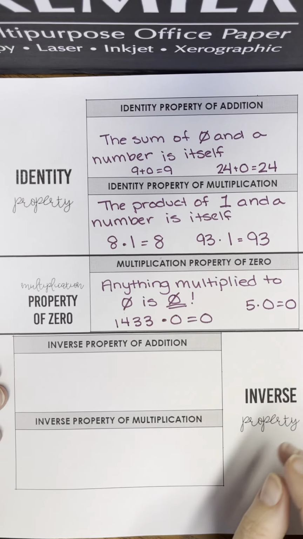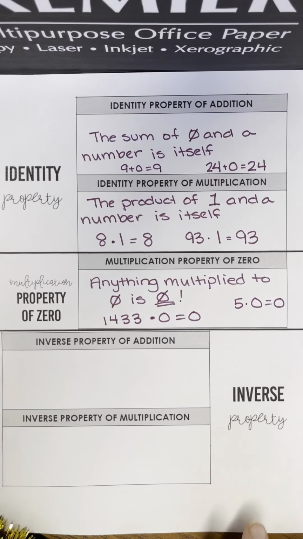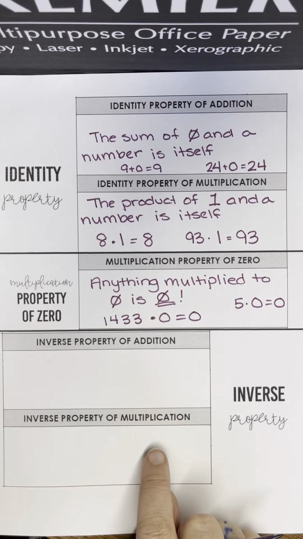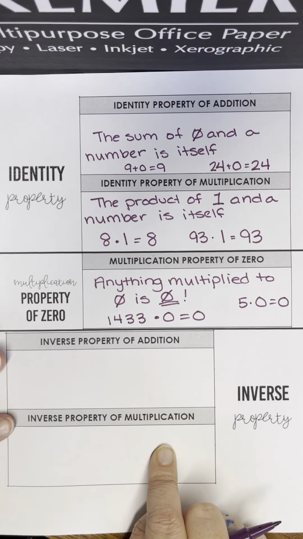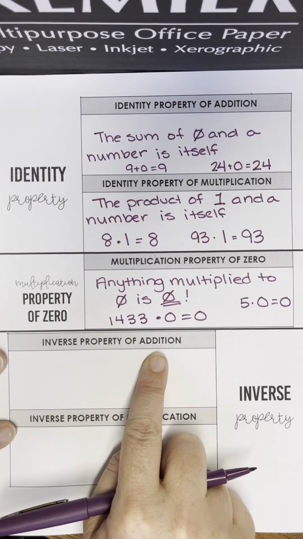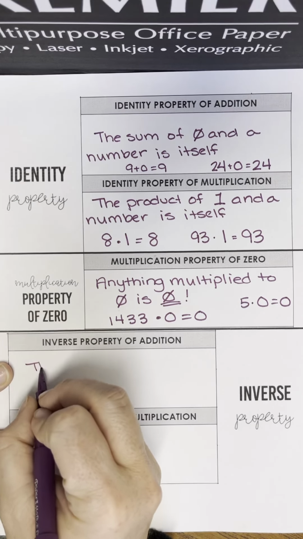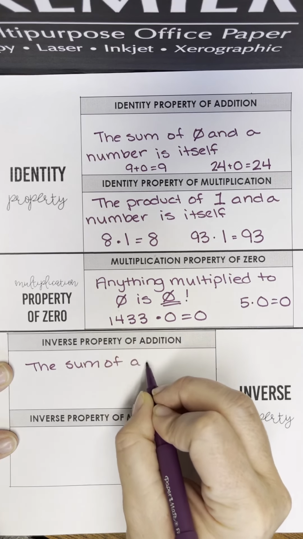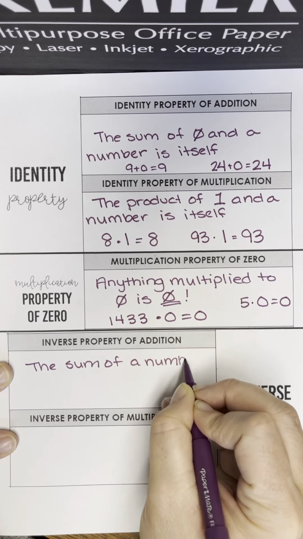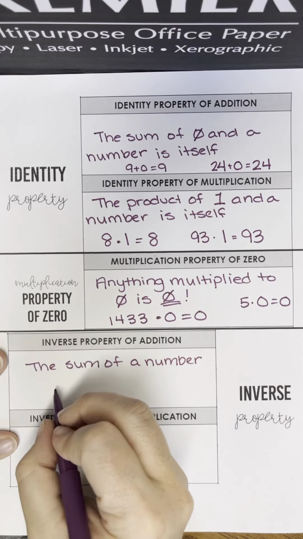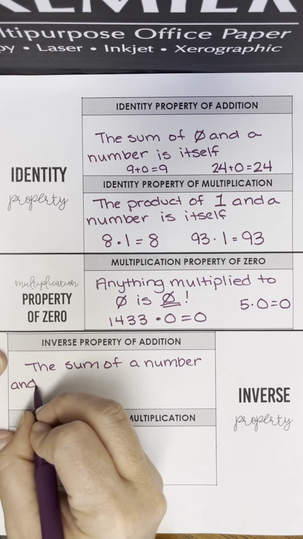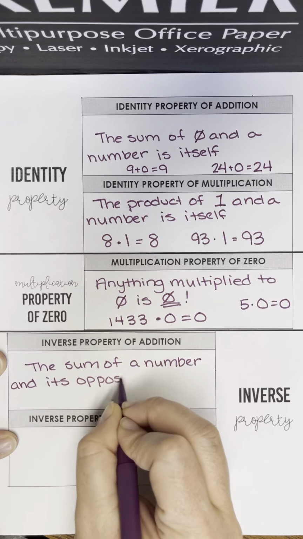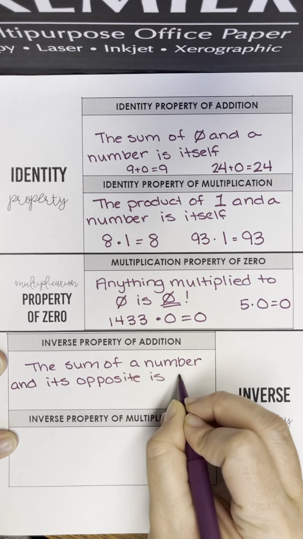All right, and the last two properties are inverse properties, inverse of addition and inverse of multiplication. All right, so the inverse property of addition says the sum of a number and its opposite is 0.